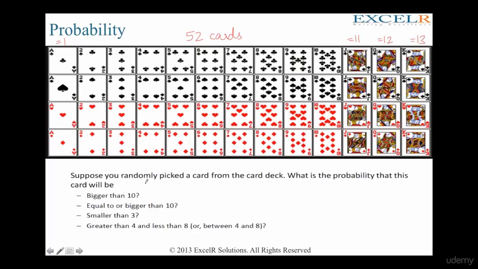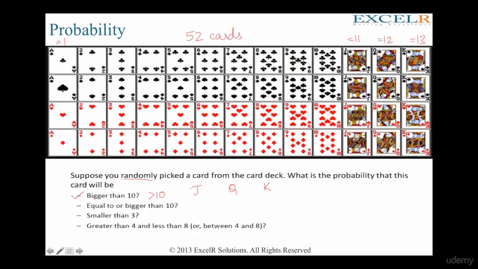Suppose you randomly pick a card from these 52 cards. What is the probability that that card would be bigger than 10? How many cards do we have which are bigger than 10? You have J, Q, and K. How many J do we have? 4.